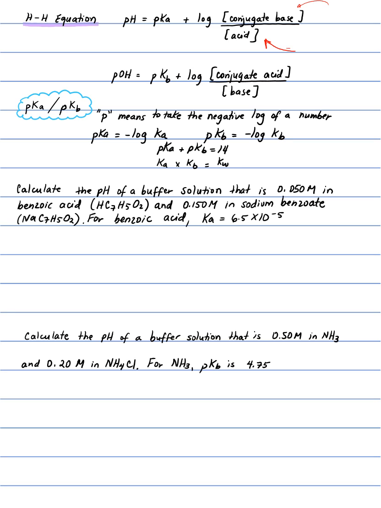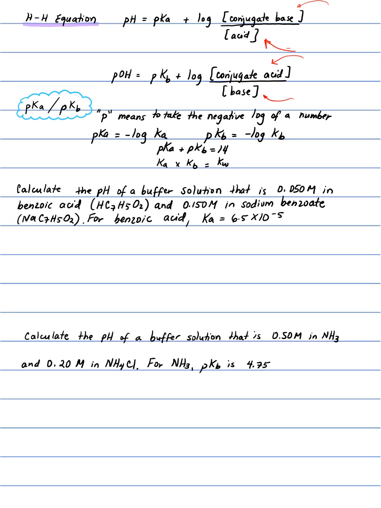So you have pKb plus the log of, and on top you have the conjugate acid, because that's what you have on the product side, over the base, which is what you have on the reactant side. When you have your basic buffer, you have your weak base dissociating to give you the conjugate acid on the product side.